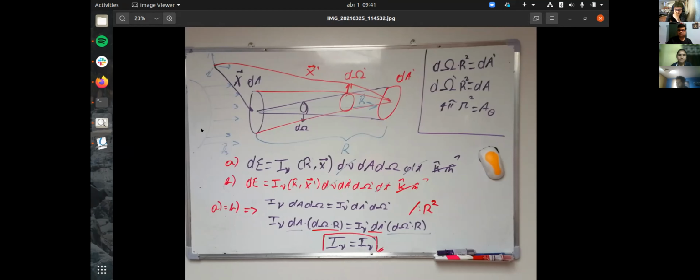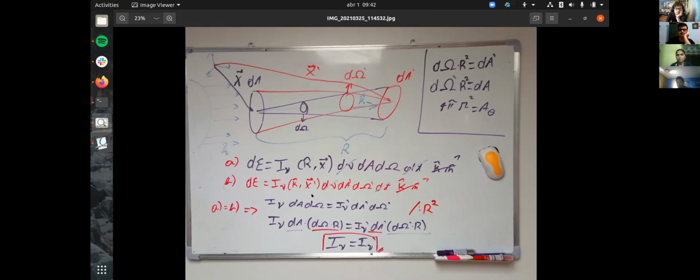Okay, so then you can calculate how much specific intensity will be crossing dA prime by writing expression B. You say you're standing on dA prime at X prime, and all the energy that's going to cross dA prime is coming from dA. And that is why we write down this expression B, which is the same as A, but with the solid angle reversed in the direction of propagation. Because you're saying that what's crossing dA prime must have come through dA, okay?